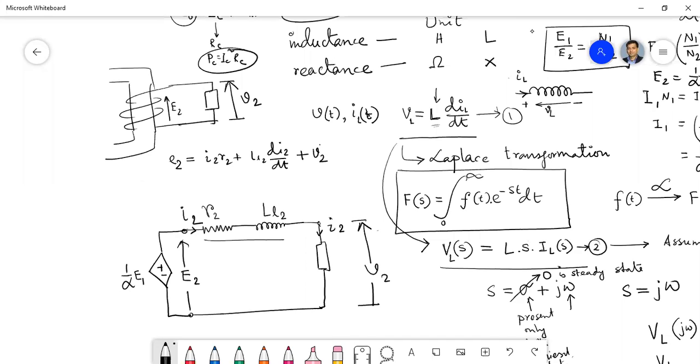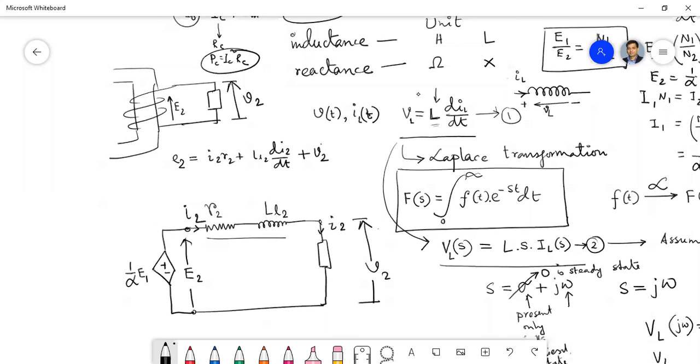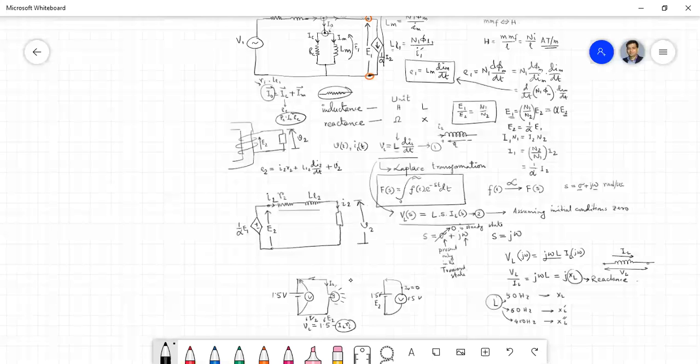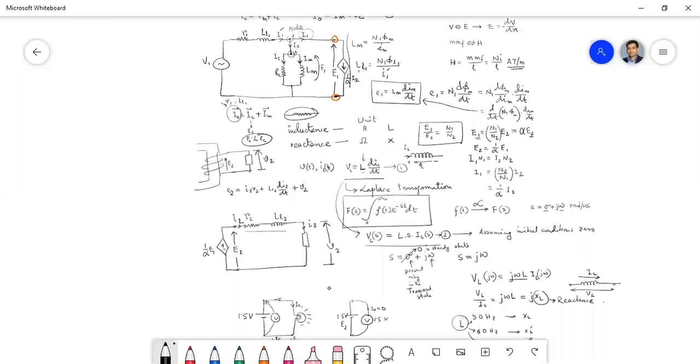So have you understood these two circuits? One for the primary, another for the secondary. You just see these two circuits carefully.